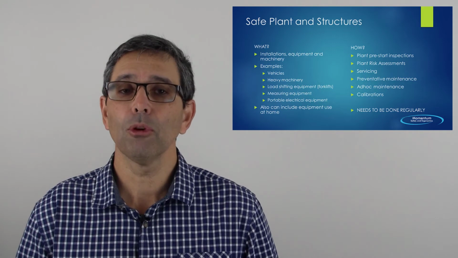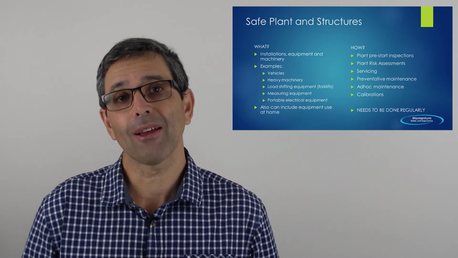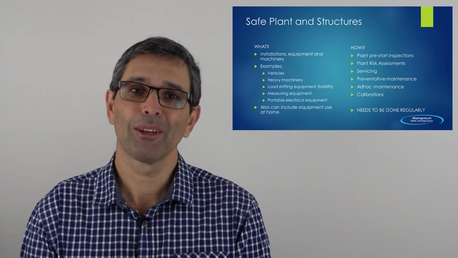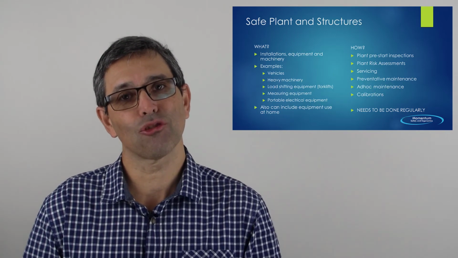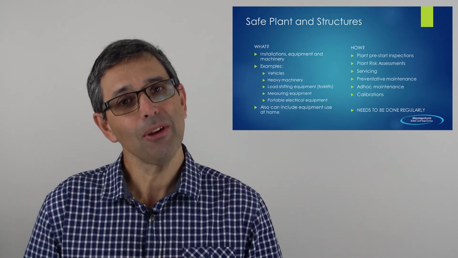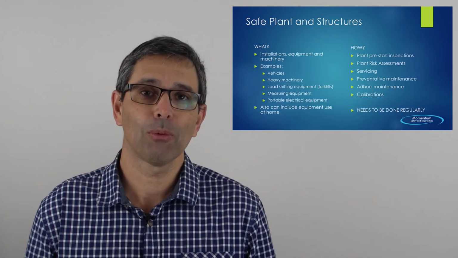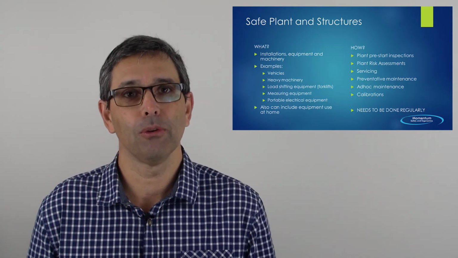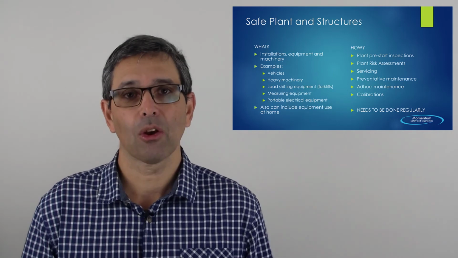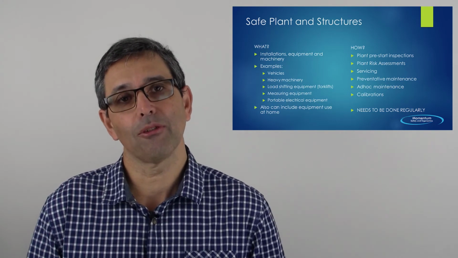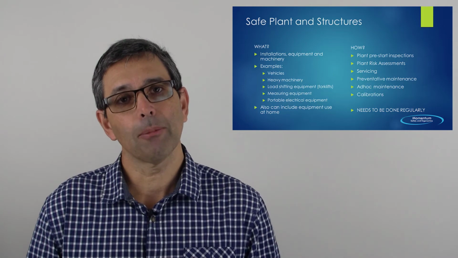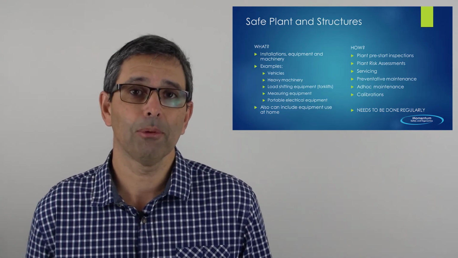Okay, I want to just move on now and have a little bit of a look at our second element, which is going to be safe plant and structures. Now we're not so much talking about the physical building and workplace, we're talking about the things that people use. Installations, equipment, machinery, those sorts of things. Good examples, of course, are just as simple as motor vehicles.